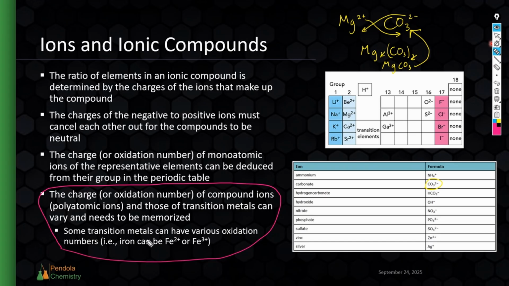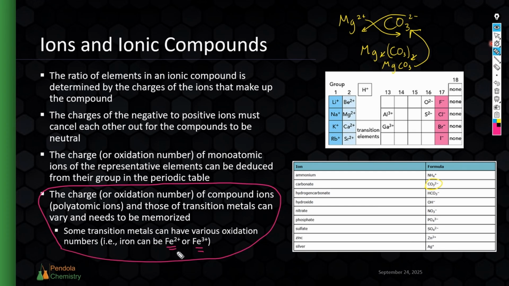And what does that mean? That means that some transition metals like iron don't have just one, but 2 different ions associated with them. This is true of monatomic ions, of certain transition elements, and pseudo-transition elements, things like lead and tin, which are not officially transition metals, but do have multiple ions.